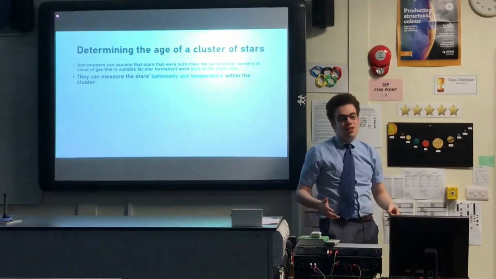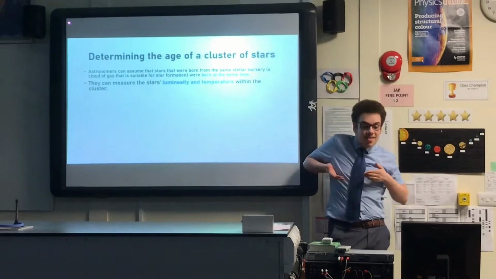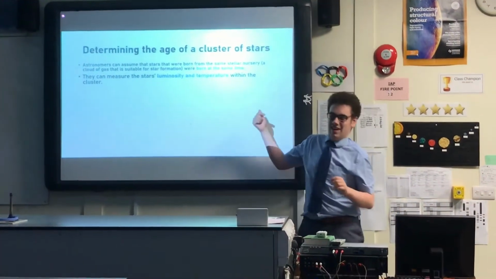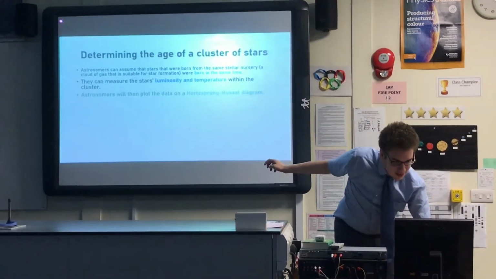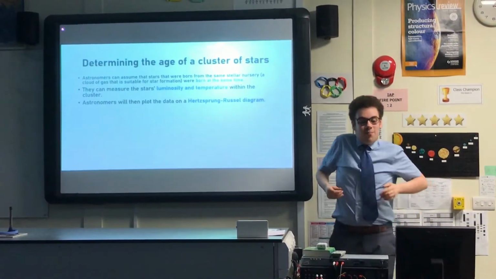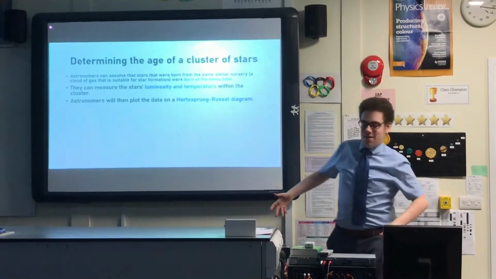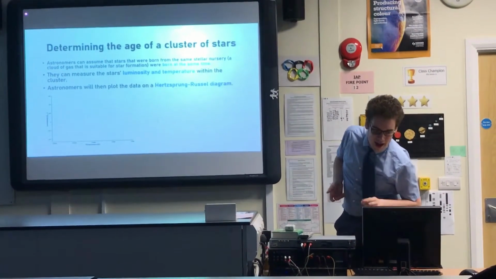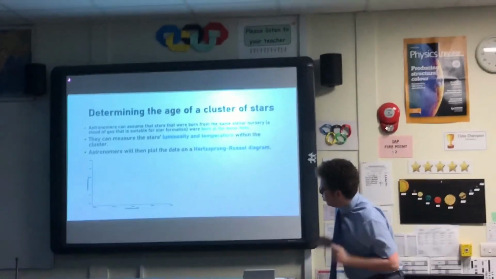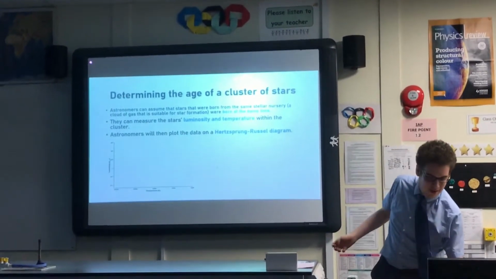Then we can measure the stars' luminosity and temperature within the cluster, using the temperature method we just discussed. And astronomers can then plot a Hertzsprung-Russell diagram, and we can find some interesting things. So let's set up our axes with temperature and luminosity, and let's start plotting.